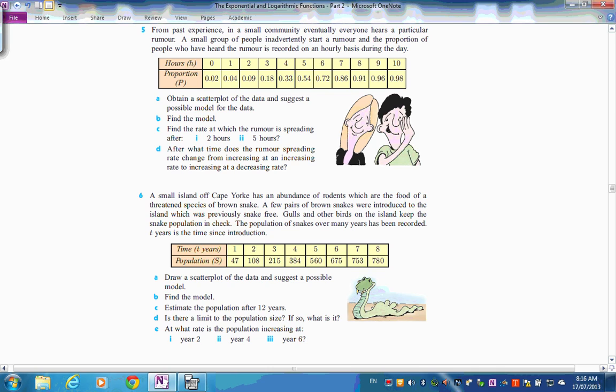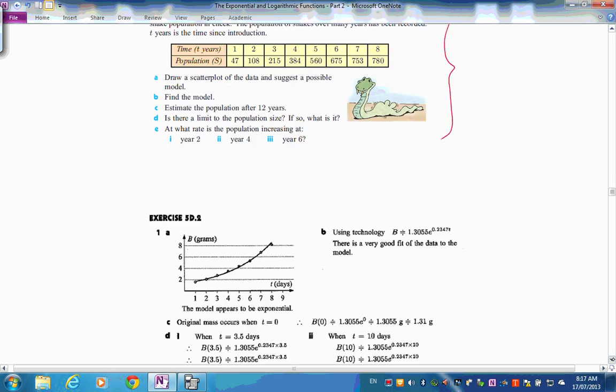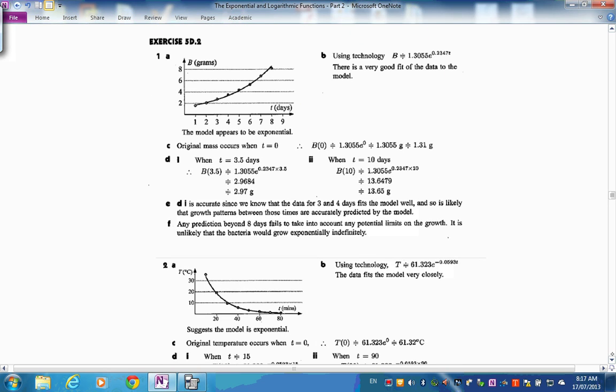Okay, here we are, and again this is going to be a rumour spreading around, it is going to spread rapidly and then plateau, so this is likely to be logistic, and so is this. So have a look and see what you think, remembering to use technology wherever possible. Okay, let's go down now and look at all the answers. Okay, so here's question 1.